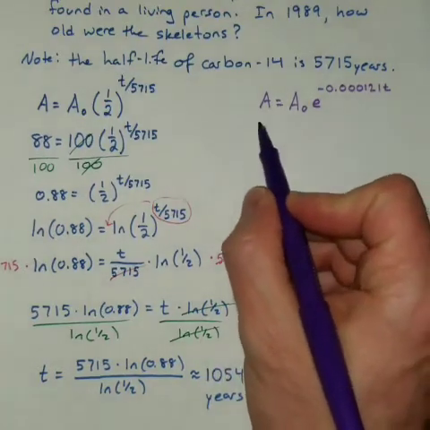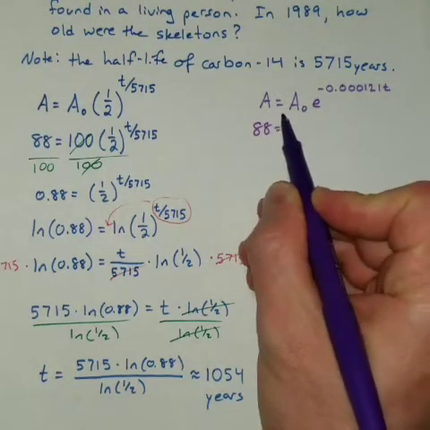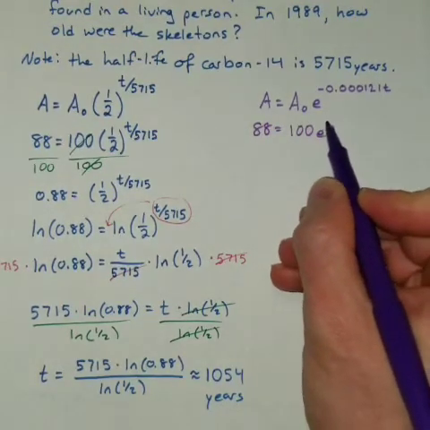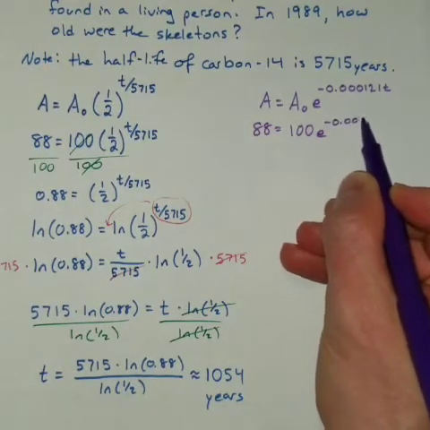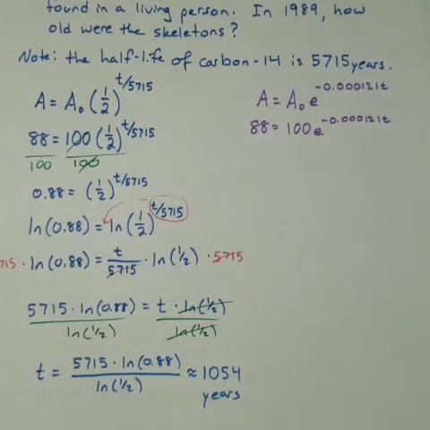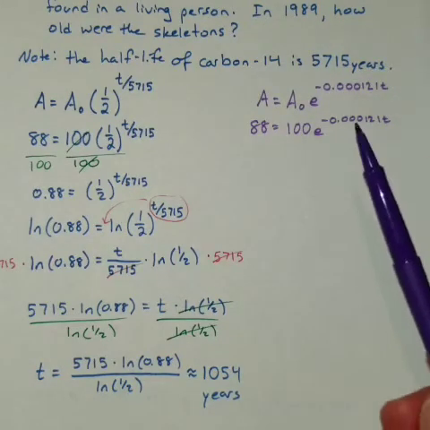You start out with the 88 on the left and the 100 as your initial value, and then you just solve the rest of this for t. Now the book, actually in this section, comes up with this formula for carbon 14.